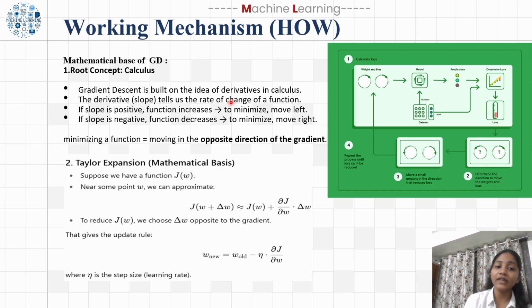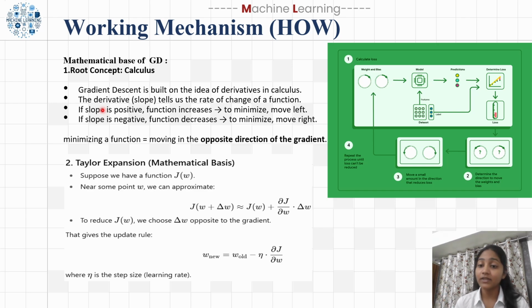The derivative tells us the rate of change of a function, at what rate the function is changing and going downwards toward the global minima. If the slope is positive, the function increases, and since we have to minimize the error, we move in the opposite direction, to the left.